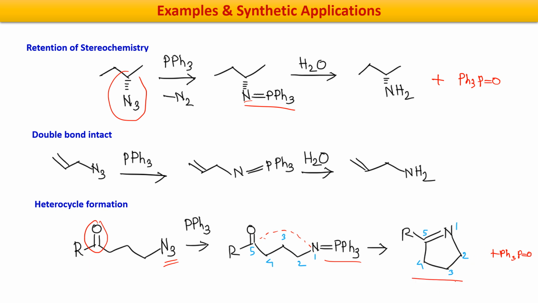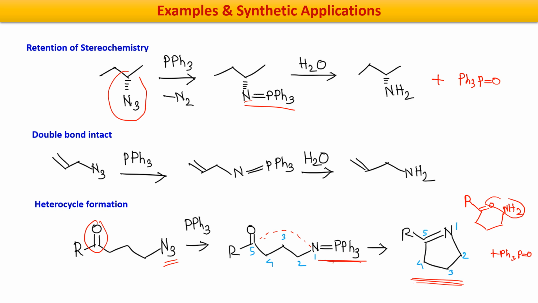Now if you simply look at this product, it seems easy to remember why I am saying so. As if you put C double bond O and NH2 and remove water, this is an imine formation, but remember it is not going through NH2 group formation because you are not using water. As we have seen, usually in Staudinger reaction after PPh3 we do hydrolysis, but here no water is mentioned.